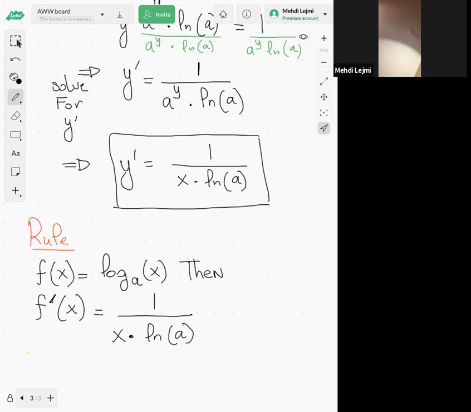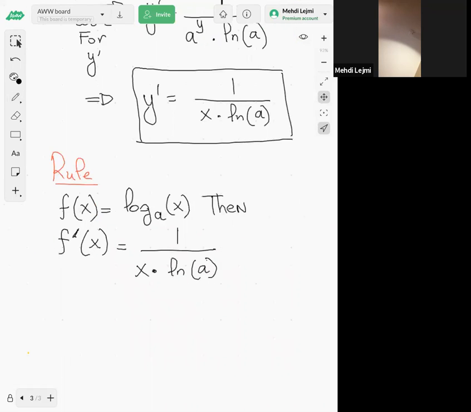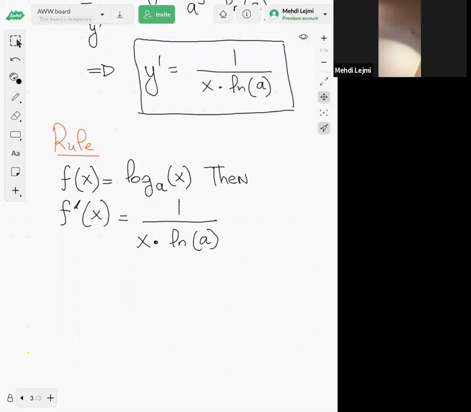Now, in the special case when a is equal to e, f of x would be log in base e of x, so that's natural log of x.